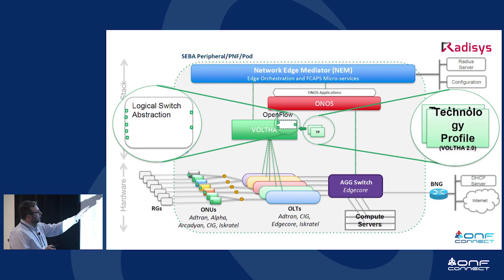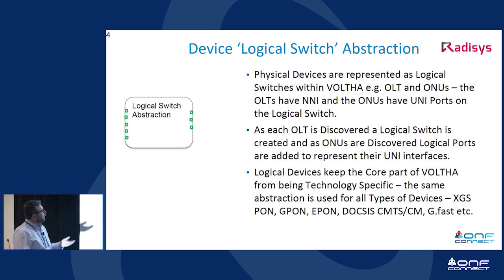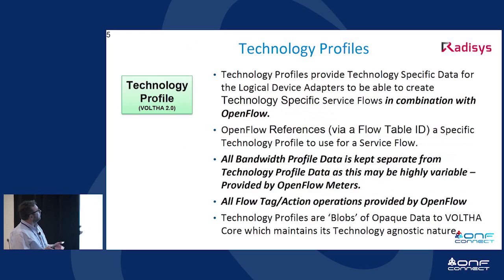So out of that early lockdown meeting we had at AT&T with all the operators and vendors, we came up with an idea of using what's called technology profiles. The technology profiles define technology-specific attributes for a given service, and it's used in combination with OpenFlow.